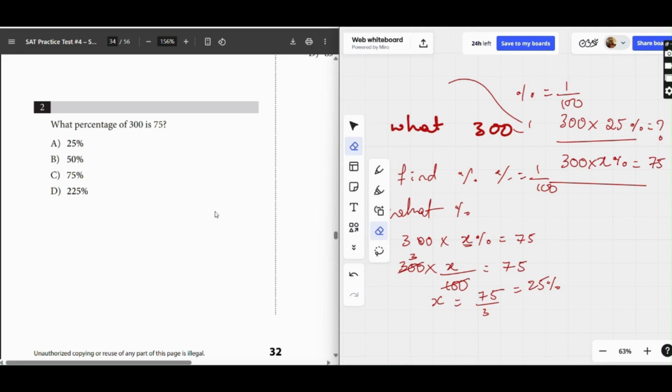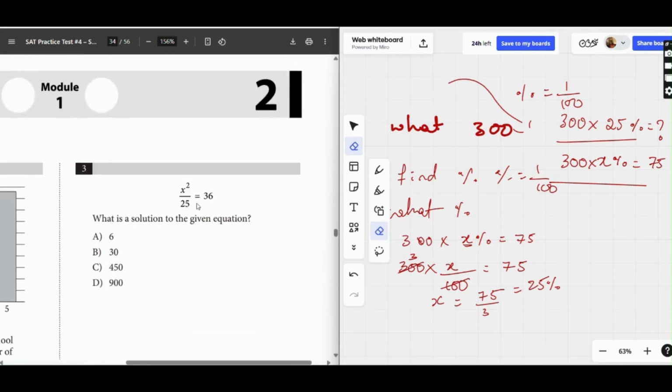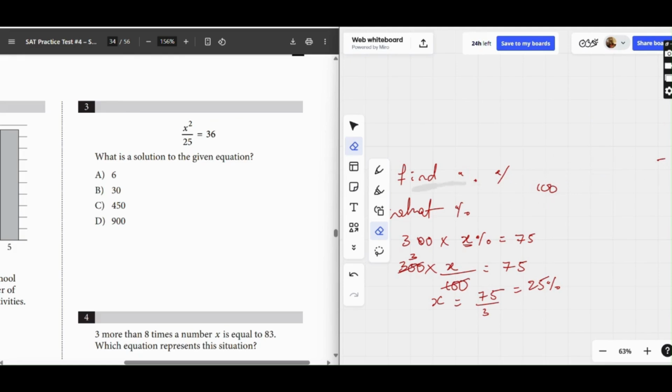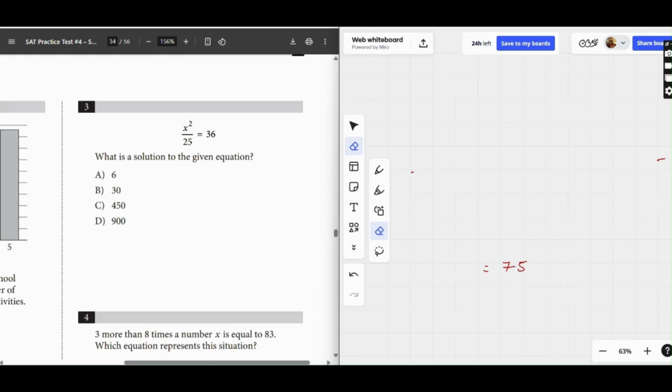All right, let's get into question number three. Looking at this, we don't actually need to perform much math. SAT is all about checking your understanding of how much math you can apply effortlessly.